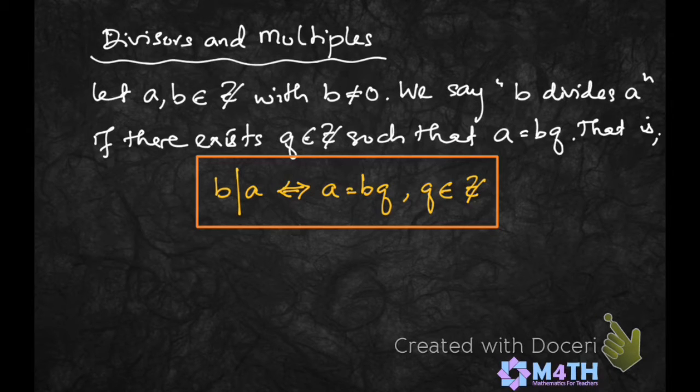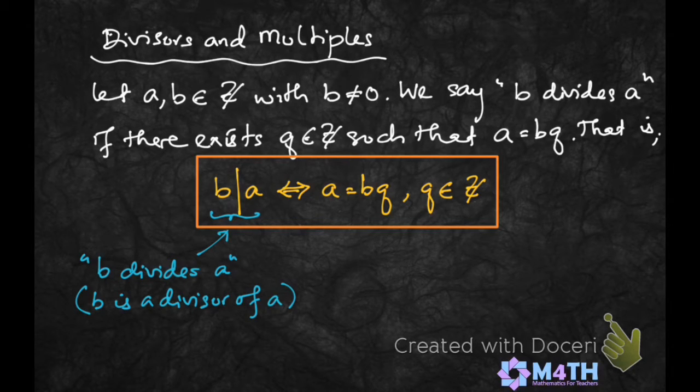And again, this is how we read it: b divides a, or sometimes we might say b is a divisor of a, and a is a multiple of b. So b is a divisor of a and a is a multiple of b.